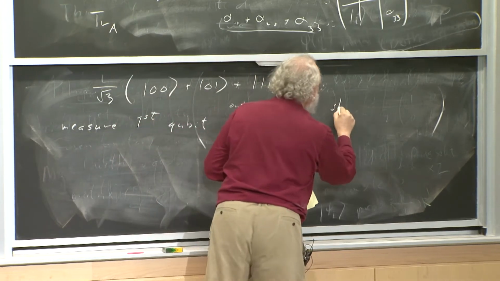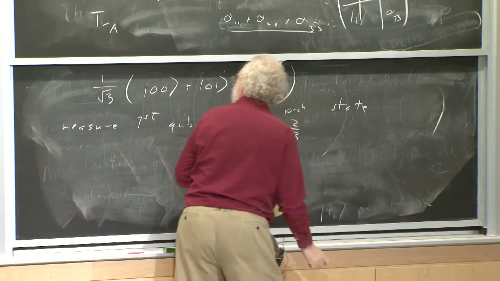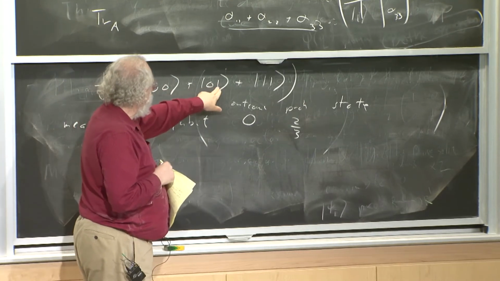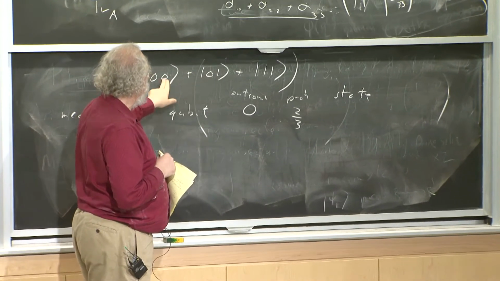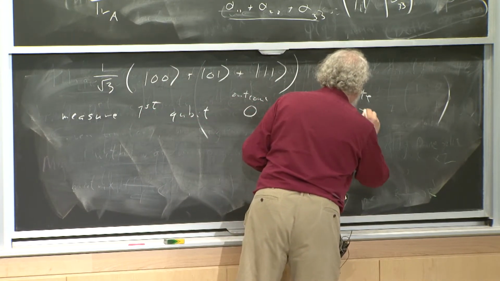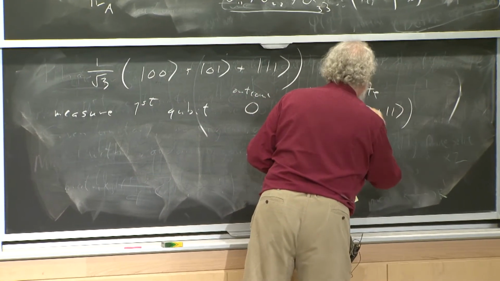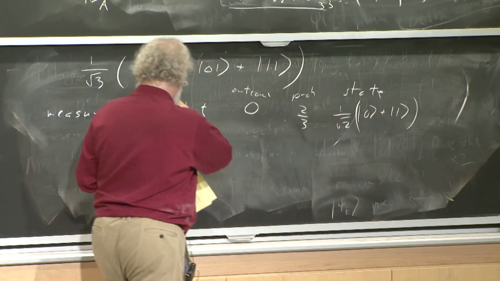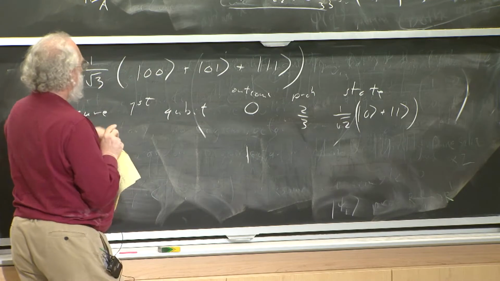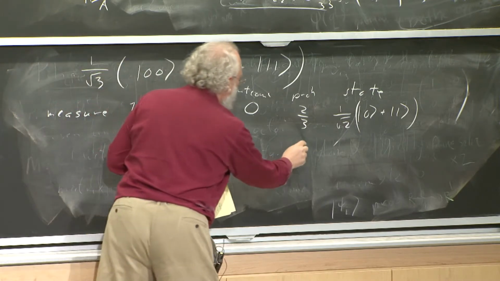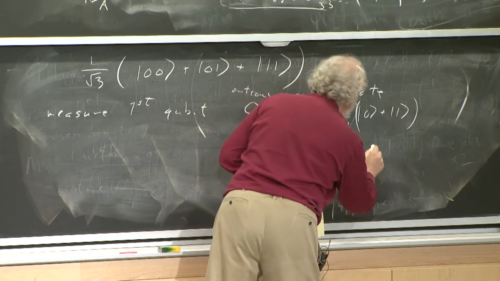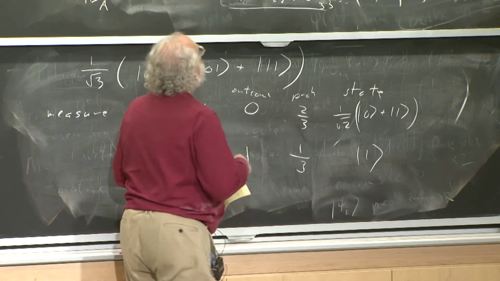And the residual state, if we get 0, is just 1 over root 2, |0> plus |1>. And we get an outcome of 1 with a probability of 1/3, and the state is just |1> in that case.